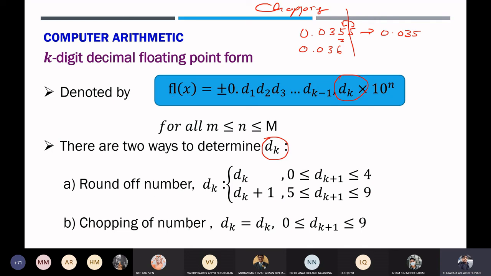For chopping of numbers, you just leave it as it is and it will chop exactly as I said just now. The number will be cut off at that point. It is not going to be rounded up.